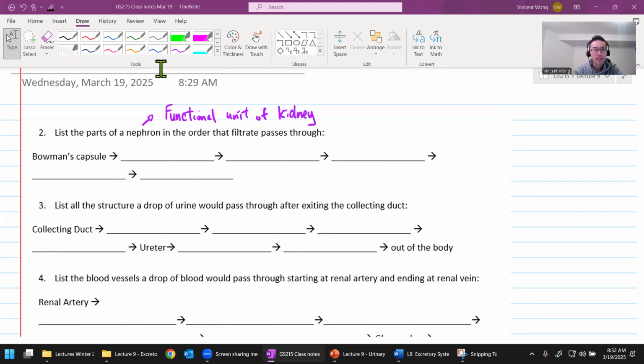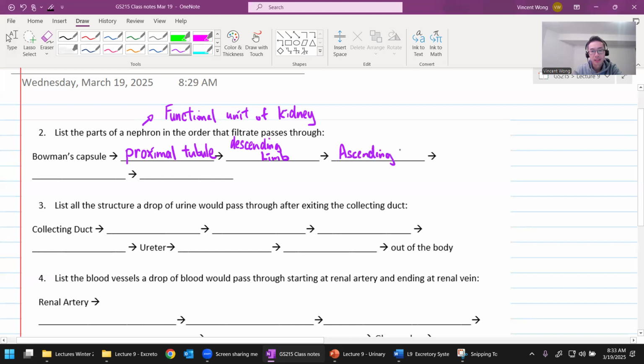Now, starting at the Bowman's capsule, we learned this last class. I'm just filling it in for you to refresh your memory. The filtrate will go to the proximal tubule, and after the proximal tubule, it would go into the loop of Henle, but the loop of Henle has a descending limb, followed by the ascending limb.